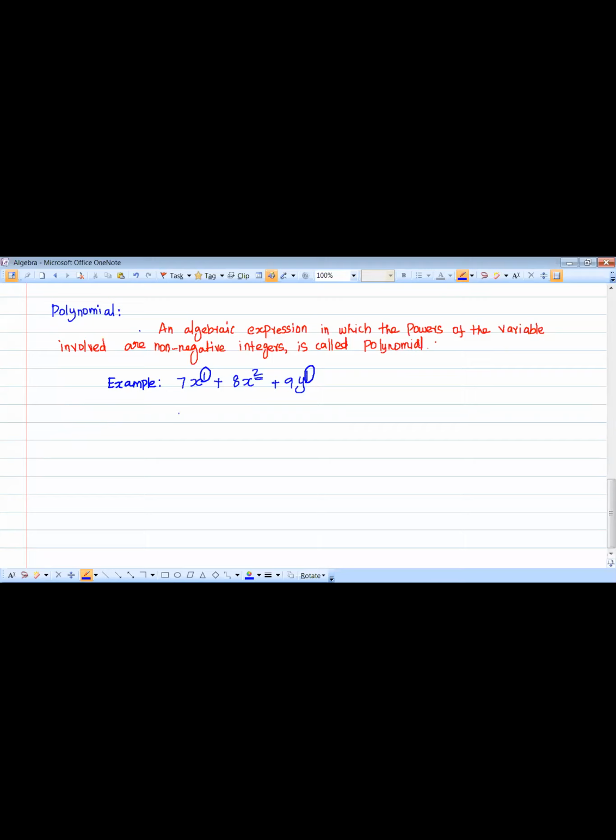So you can say, for example, 7 is a polynomial, yes. 7x is a polynomial, yes. 8x plus 5 is a polynomial, yes.